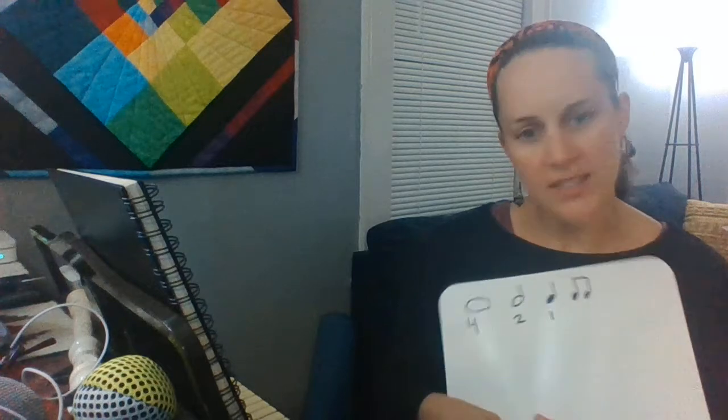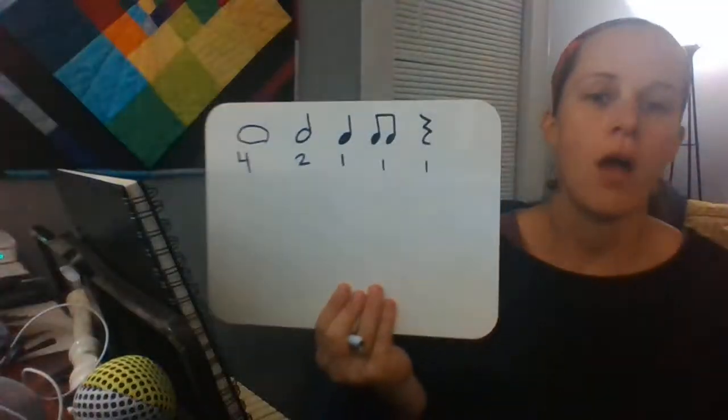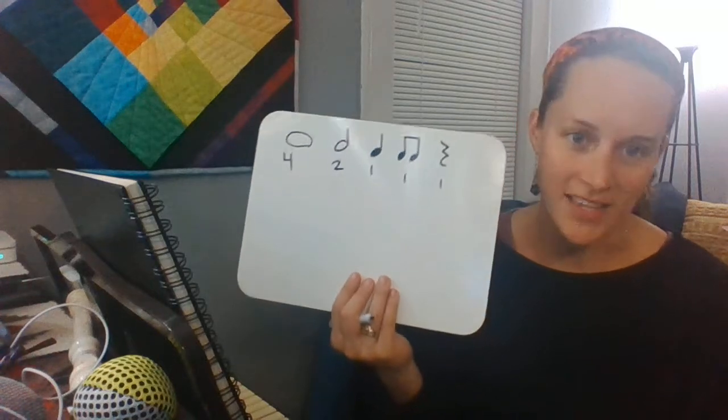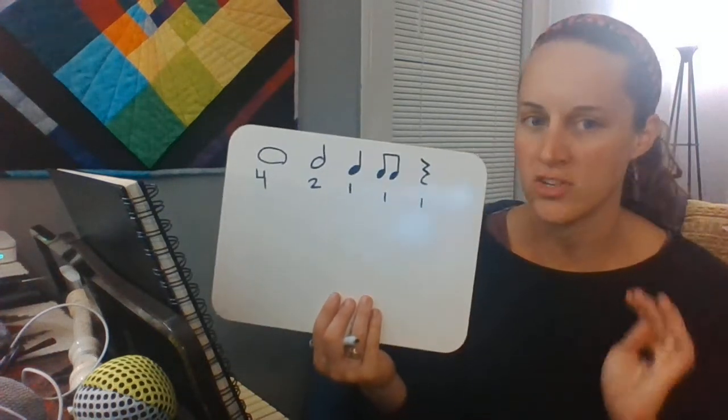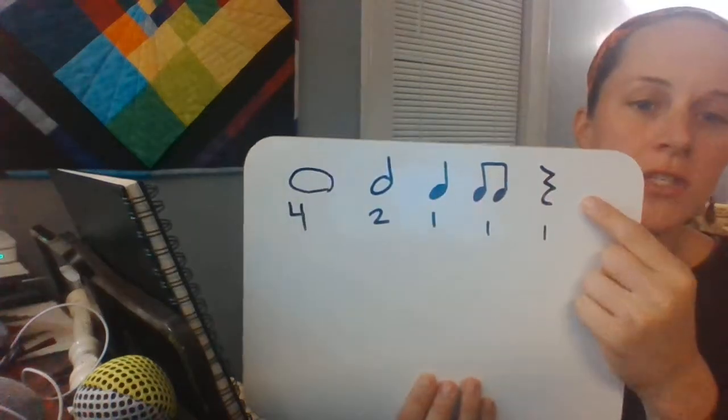So the only rest that we're going to add in is going to be our quarter note rest. So I'm going to write it at the end here. Now, a lot of times I'll have you go shh for the rest, where you kind of whisper it, just to remind yourself that you're not supposed to play on that note. It looks like this.